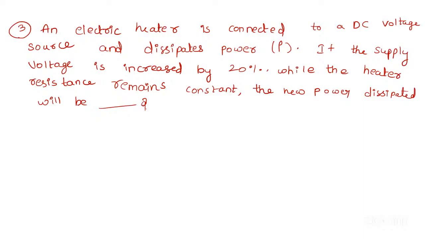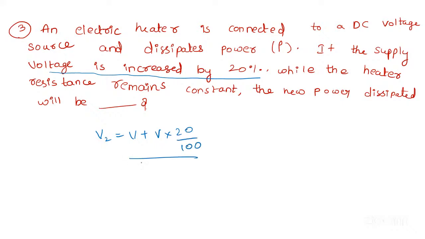Just substitute and we can get the final answer. Here, the new voltage is increased by 20%. So V2 will be V plus V times 20%. If we calculate, we'll be getting 1 by 5, so as a result it will be 6V by 5.